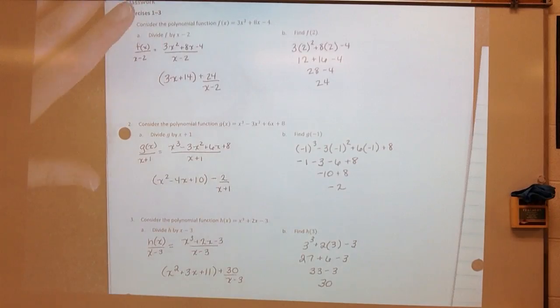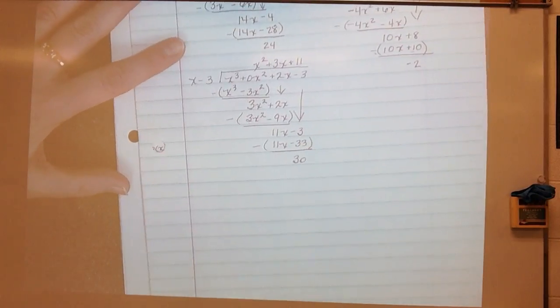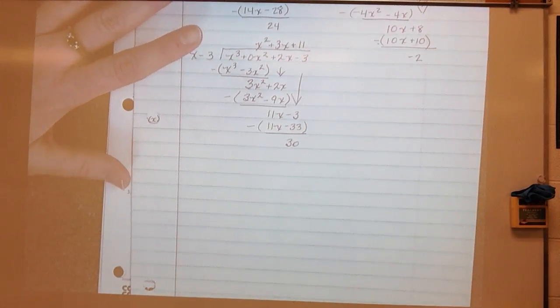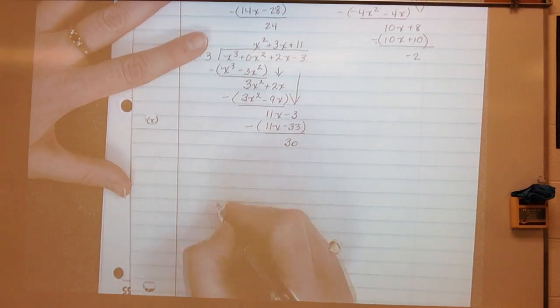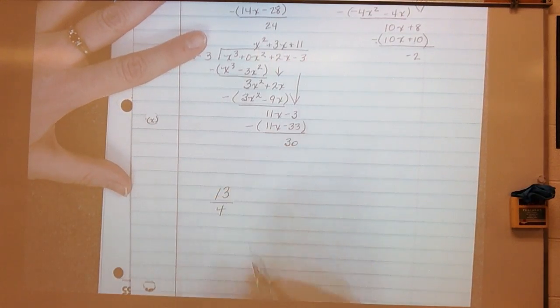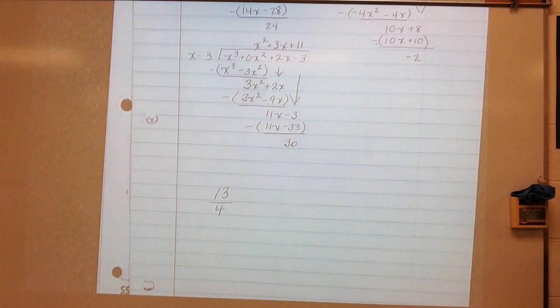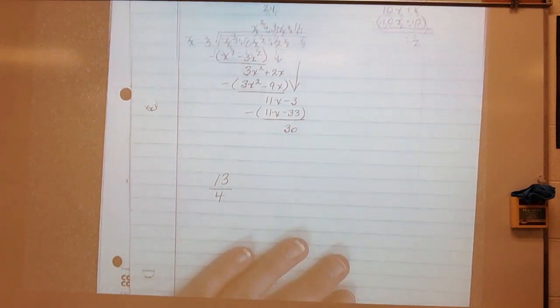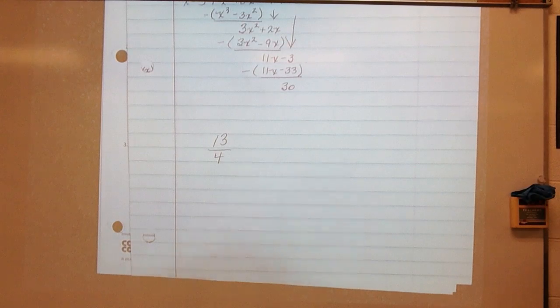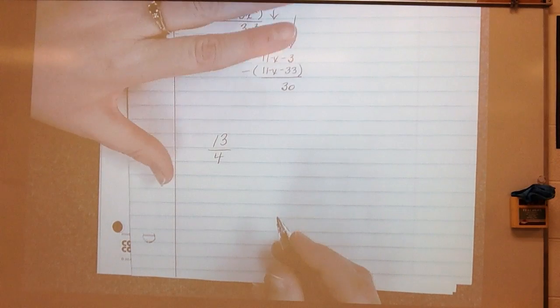So let's take a moment and think about this in terms of something a little bit simpler. I want you to think about 13 divided by 4, or 13 fourths. When we have this, a lot of times we were told to rewrite it as a mixed number. Well, think about this for just a second.